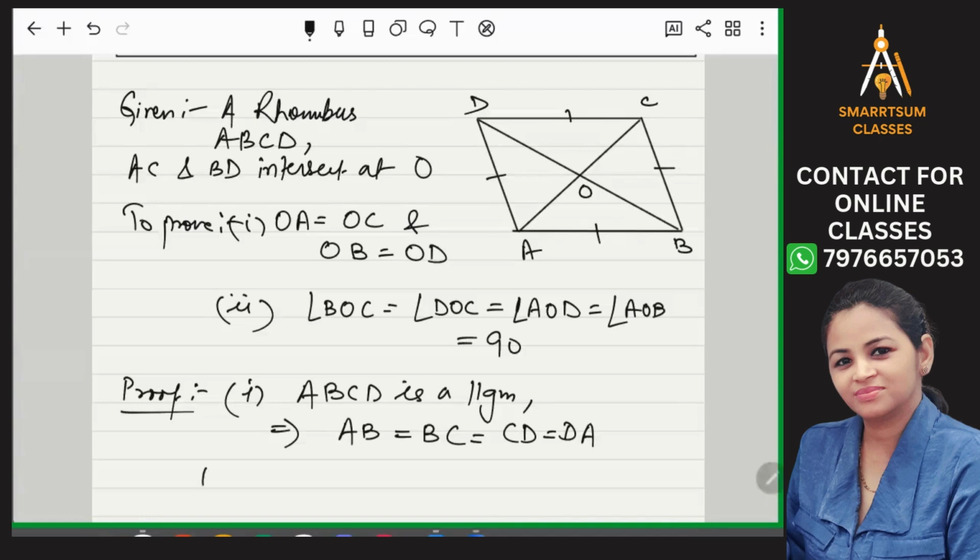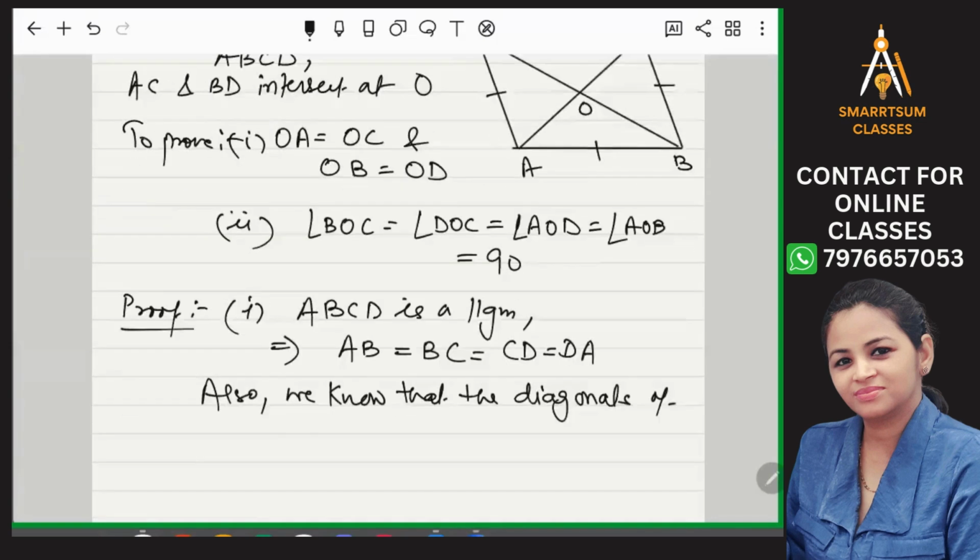And also, we know that here you have to use a property. Diagonals of a parallelogram bisect each other. This we already know. This is a property of the parallelogram, right? Okay. So diagonals of a parallelogram bisect each other, and rhombus is a parallelogram.